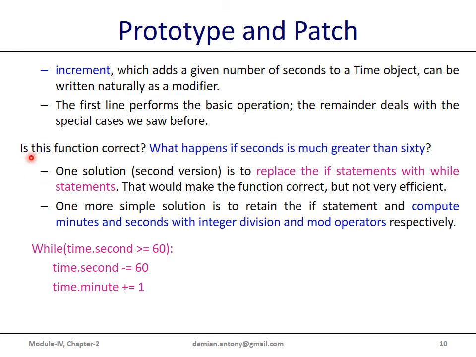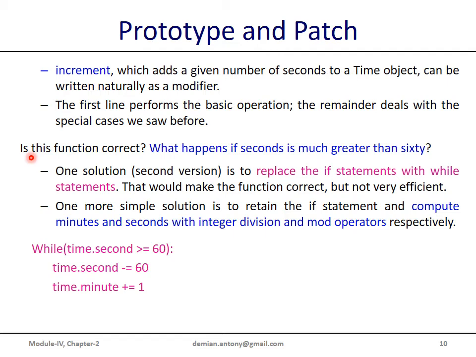Let us analyze whether this function is correct. What happens if seconds is much greater than 60? If the parameter itself has a value above 60, we have not handled that situation. We have handled the situation only after addition.